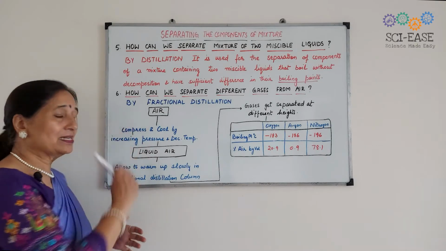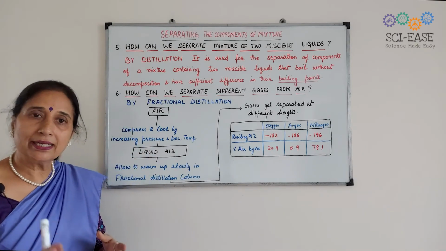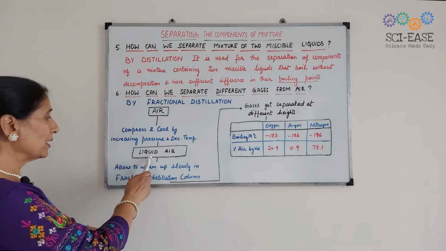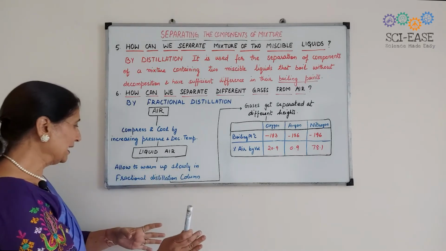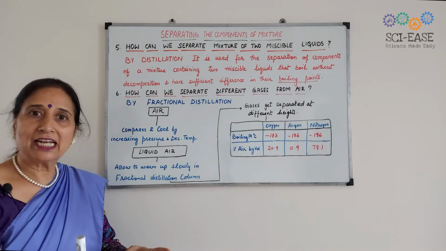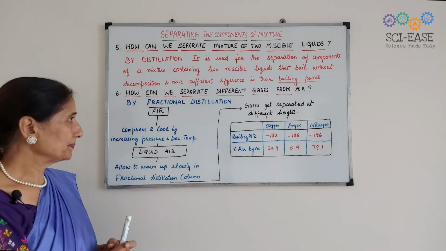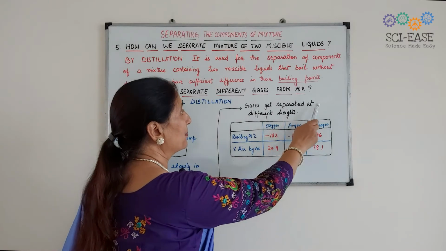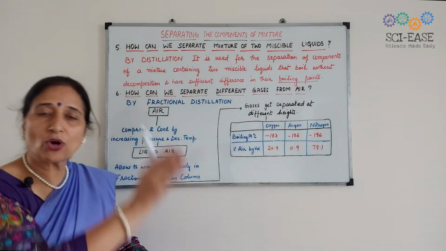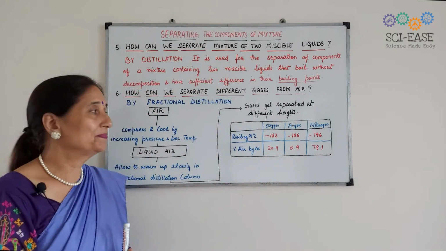What we will get is liquid air. Now this liquid air is allowed to warm up slowly in the fractional distillation column. Different gases get separated at different heights of the fractionating column.